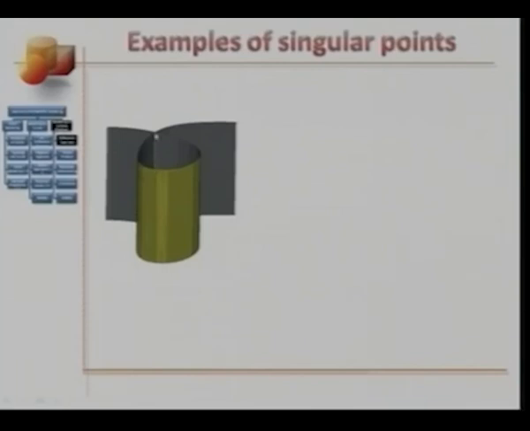Let's consider any of the points on this region here, on this line. So at this point, if you think about it, we'll have two directions pertaining to the tangents along the U direction. One will be given by this here, r sub u, and the other will be given by this, r sub u.